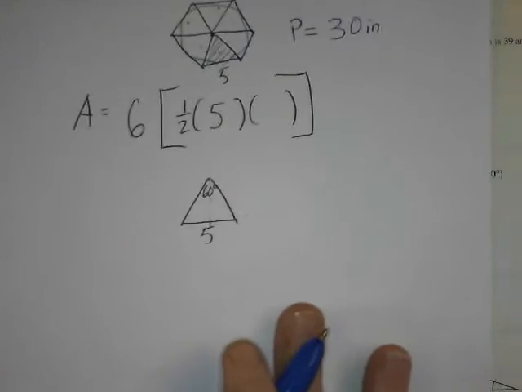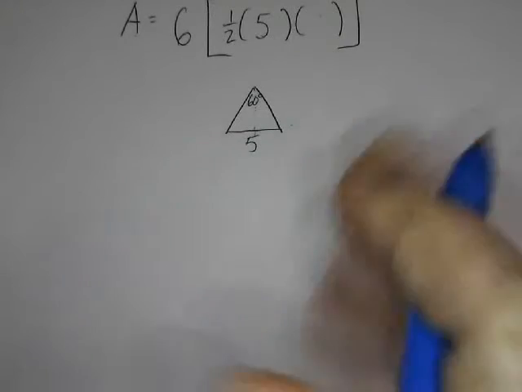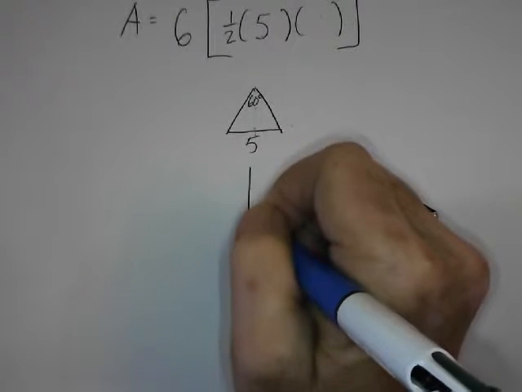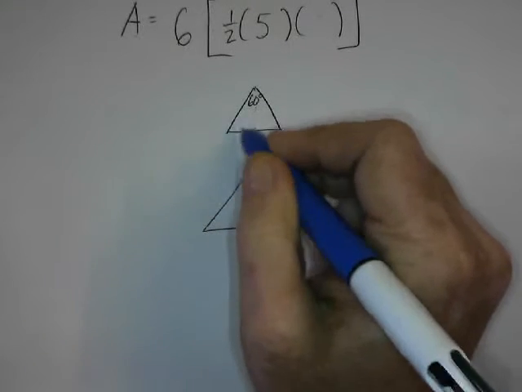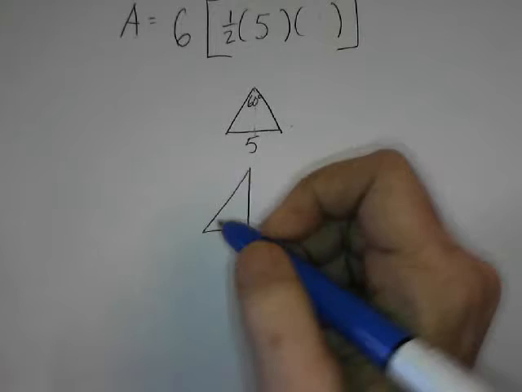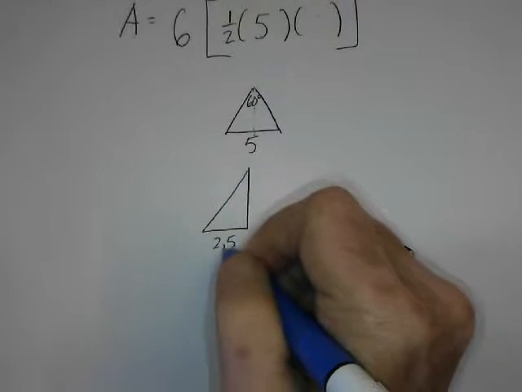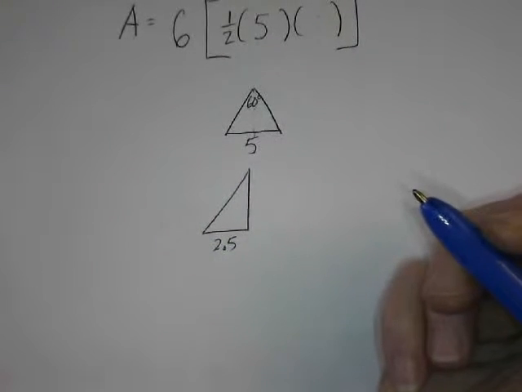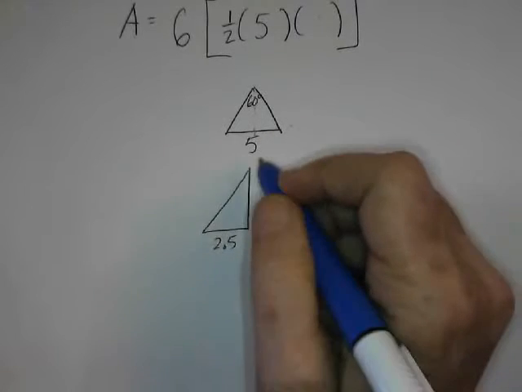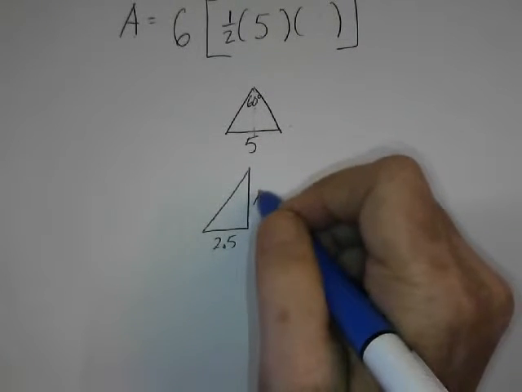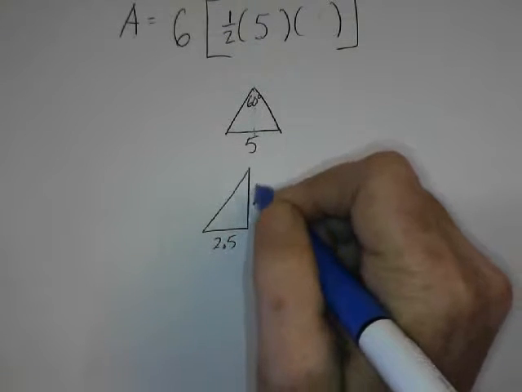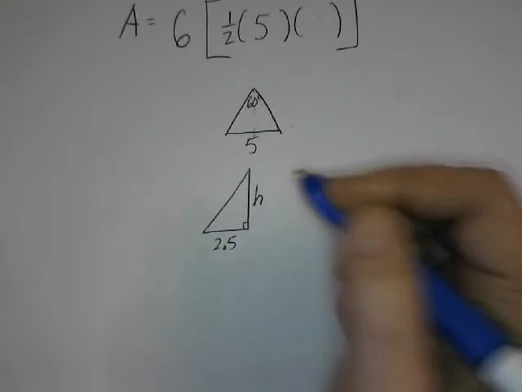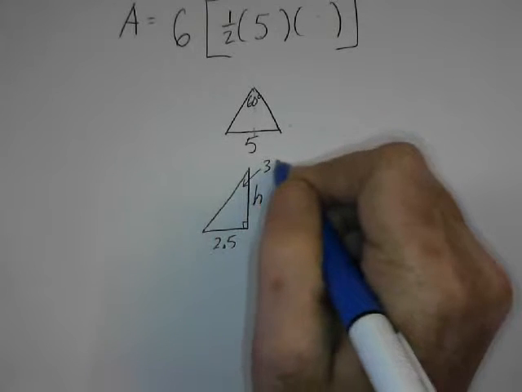To find the height, I'm going to draw another triangle, this little half triangle. Since I cut it in half, that's 2.5, or we can call it 5 halves. I'll use H for height. And this angle is now 30.